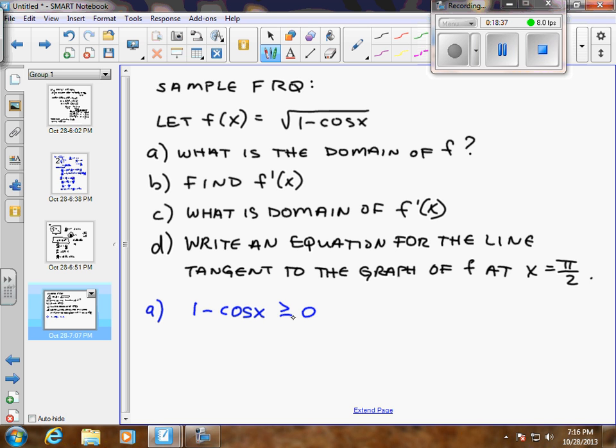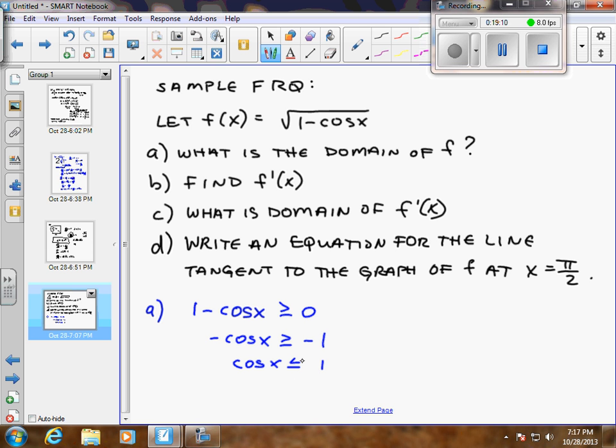So I solve that inequality. To solve it, I would subtract 1 and divide by negative 1. When you divide by a negative, it flips the inequality symbol. So now I want to know what numbers I can put in for x to make sure that the cosine of it will be less than or equal to 1.